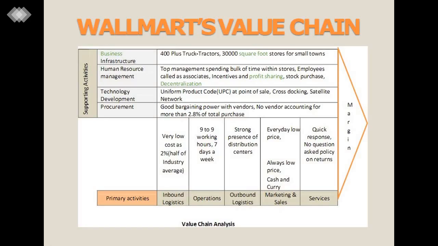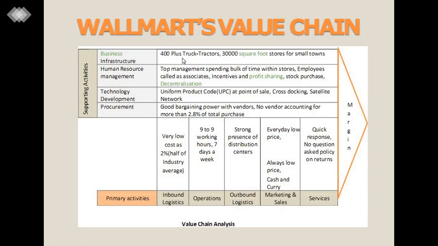Here you can understand how Walmart follows the process of its value chain, which is helpful for value chain analysis in primary activities and in supportive activities. The supportive activities relate to infrastructure, HRM, technology development, and procurement.